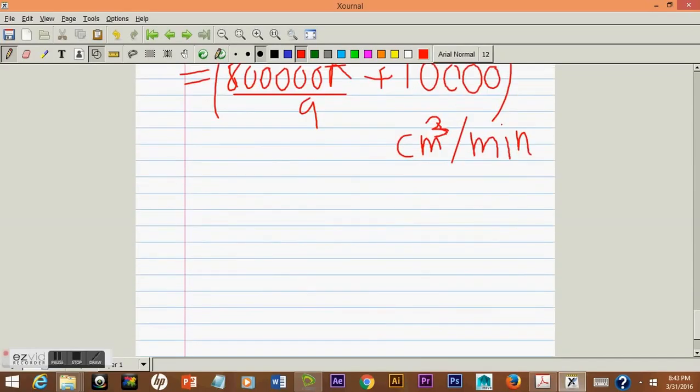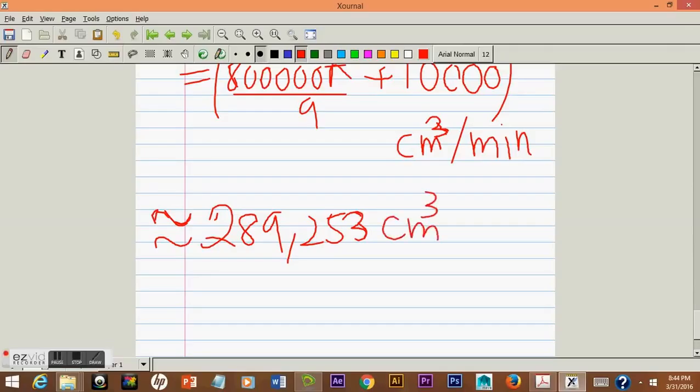If you further simplify that one, it will approximately equal to, I think, my calculation is 289,253 centimeter cube per minute.